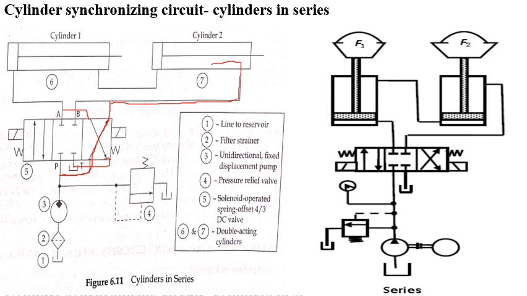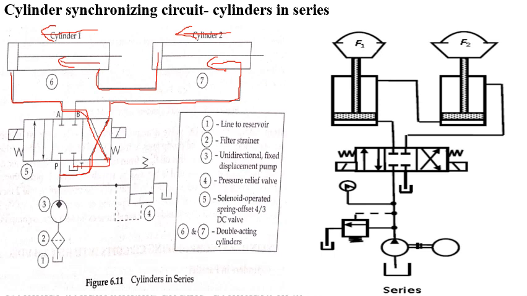Now cylinder 2 is retracting in this way, and the output from the blank end of the piston in cylinder 2 now goes like this and acts on cylinder 1, and cylinder 1 gets retracted. The oil in the blank end of cylinder 1 exits like this towards the reservoir.